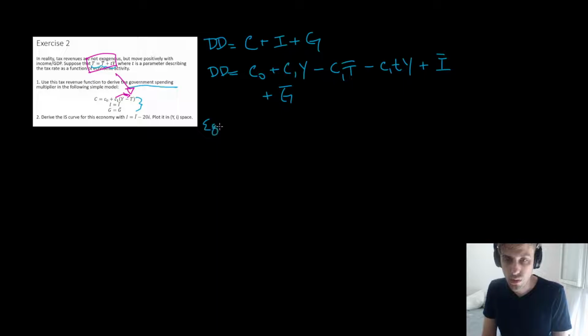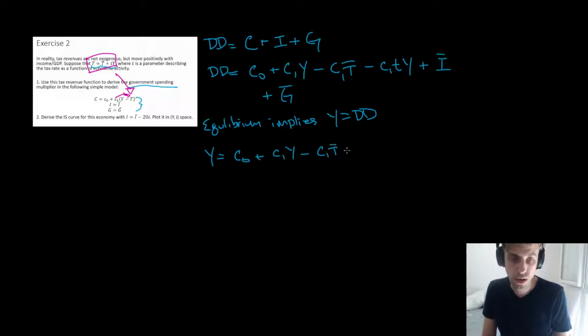And we know that equilibrium implies Y equals DD. So let's do it. Y is equal to c0 plus c1 Y minus c1 T bar minus c1 t Y plus I bar plus G bar. And then gather the Y's. So we have Y minus c1 Y plus c1 t Y is equal to c0.